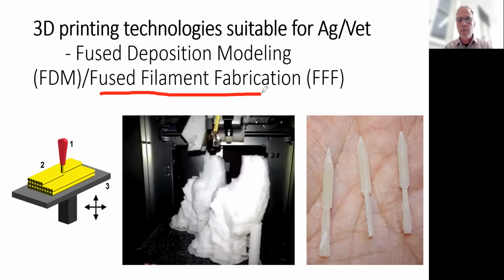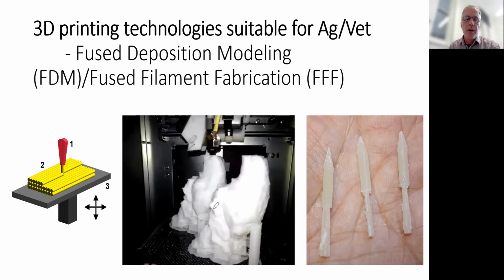And fused filament fabrication, FFF, is usually thought of as the more home hobby level of finish, so to speak. But both these processes are essentially the same. A hot melt is deposited layer by layer, and the construct is built from the bottom up, with other support things built along the way.